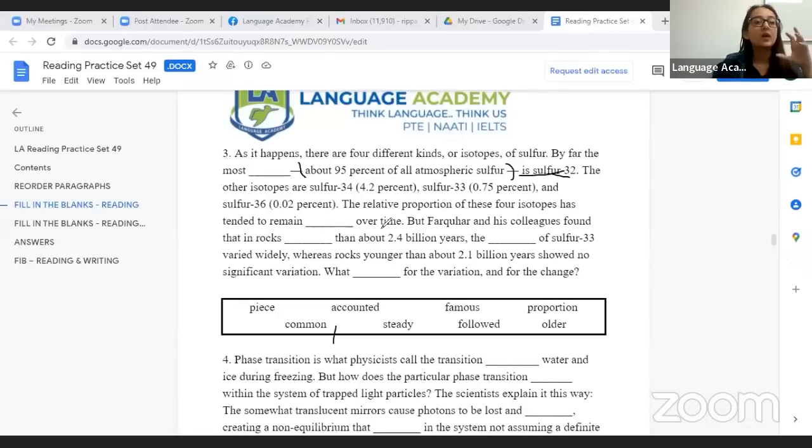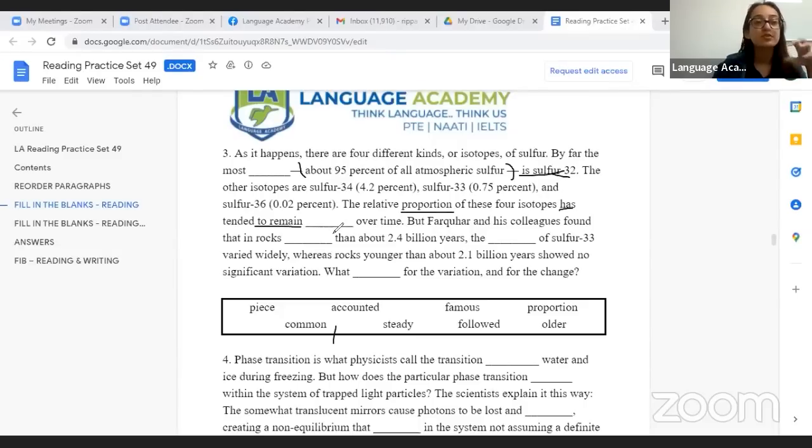The thing that you have to learn when doing the blanks is the strategy of picking up the right words when the context would be technical in the exam. Like, the relative proportion of these isotopes has tended to remain dash. So what are the important words? The proportion has to remain dash. So you need a word that a proportion can remain.